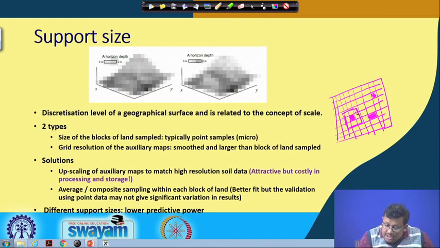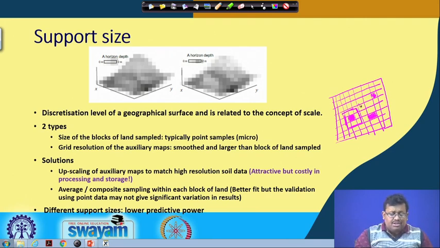In other words, we can decrease the grid size or support size of this elevation data to match this single grid cell. That is good, but the problem is that it requires a huge amount of calculation, and that is costly, and it requires huge storage, because we are increasing the resolution by decreasing the grid size, and that will create a huge volume of data. So, that is one solution.